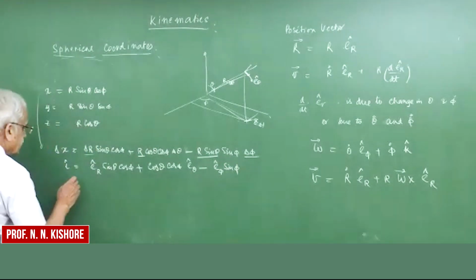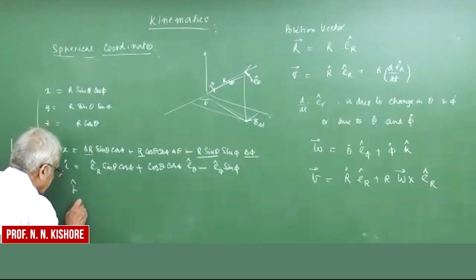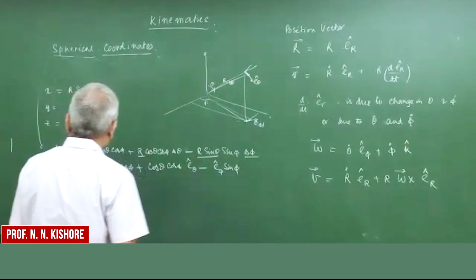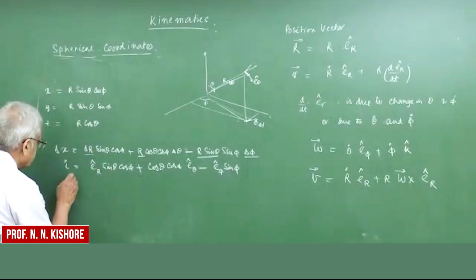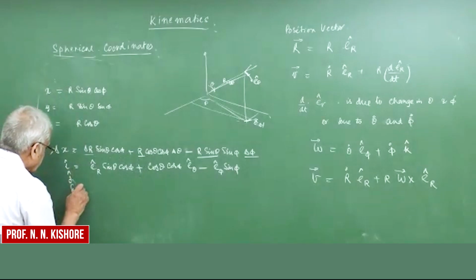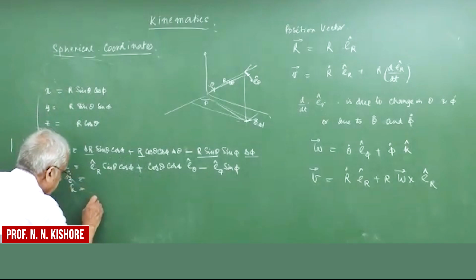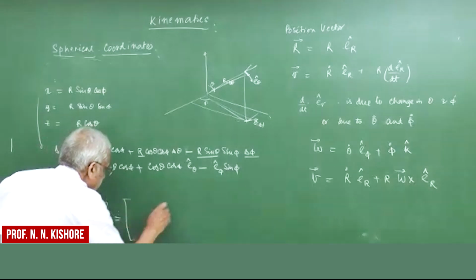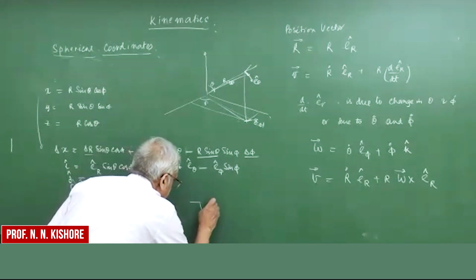Like this, we can have j and k. I'm going to write it completely in matrix form.